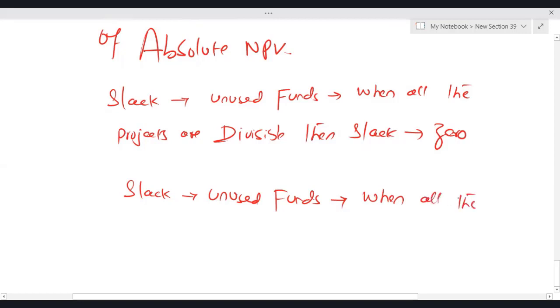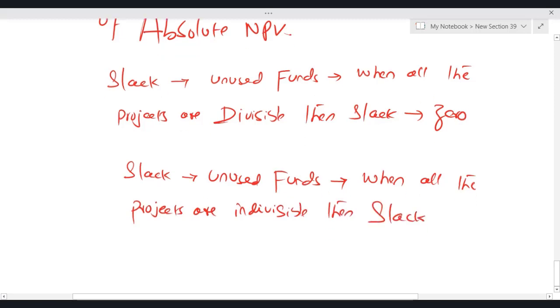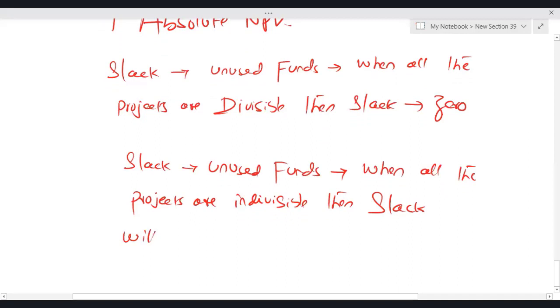When all the projects are indivisible, then slack will exist.